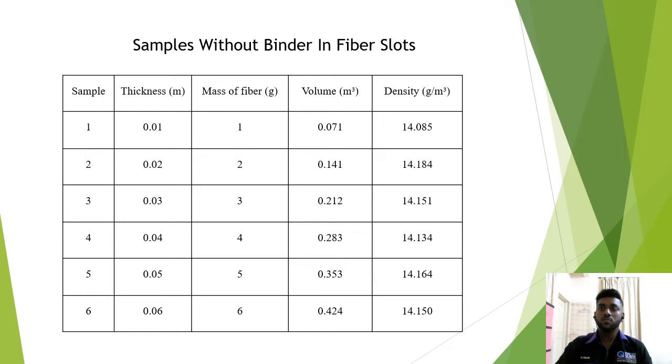So we do some calculation to make sure the density for every thickness is almost the same. You see the density for the 1 cm until the 6 cm thickness samples are almost the same.